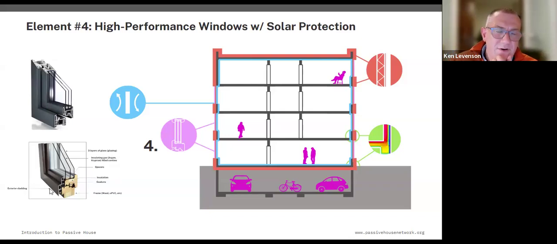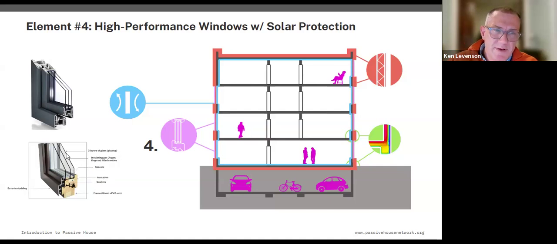They can be made of a whole bunch of different materials: metal, wood, UPVC, historic styles are possible. There are many, many possibilities now. But the thing is, we want these to latch airtight closed, and we want them to be operable to allow for natural ventilation.